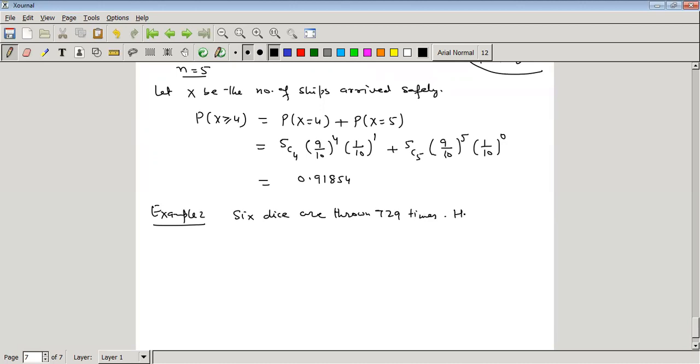How many times do you expect at least 3 dice to show a 5 or 6?